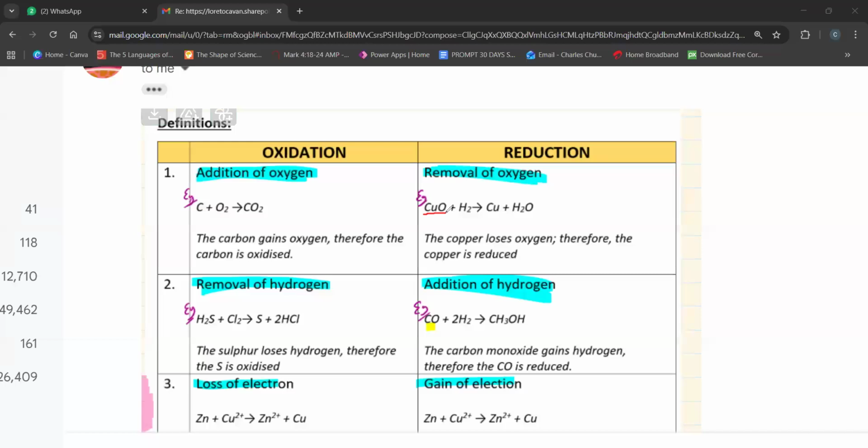I'm guessing the names because they did not really say the names here. The actual correct name is copper(II) oxide. So that copper(II) oxide loses the oxygen that makes it an oxide in the first place to the hydrogen gas which reacted with it. That's H2. And that now left us with copper standalone with H2O, water.